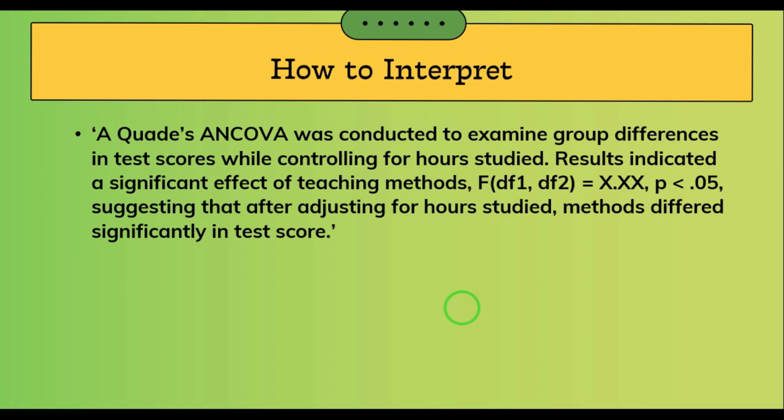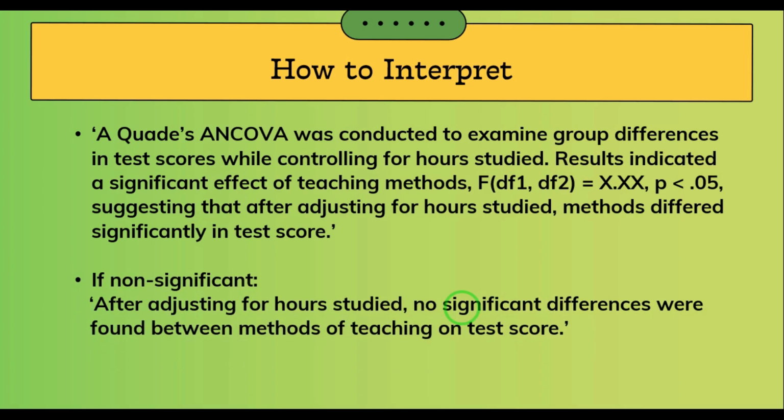They suggested that after adjusting for hours studied, methods differed significantly in test score. But if the results were non-significant, you'd say something like this. After adjusting for hours studied by a student before the exam, no significant differences were found between methods of teaching and test score.